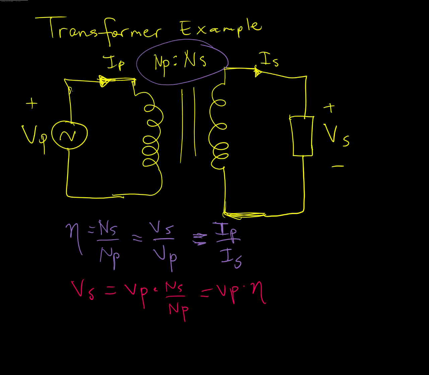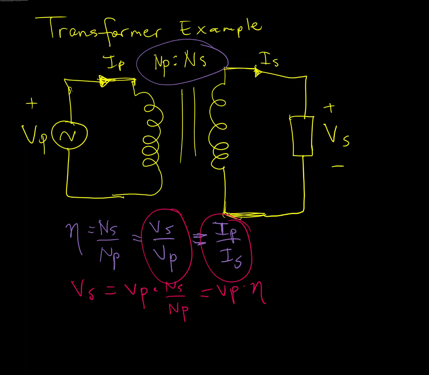But if VS goes down, IS goes up because the total power remains the same. And so that's a really important concept here, and that's why in this ratio IP is on the top, whereas in this ratio it's VS that's on the top. Okay, so the power from one side to the other remains the same, so if the voltage goes down, the current will go up and vice versa.